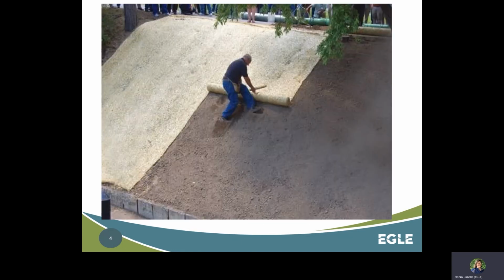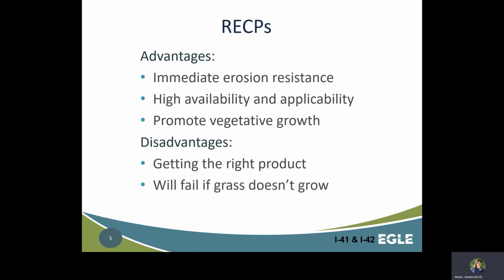Here is an example of a temporary rolled erosion control product. This straw mulch blanket has the benefits of mulch, but can be used on steep slopes and in areas of concentrated flows. There are many types of blankets to choose from.